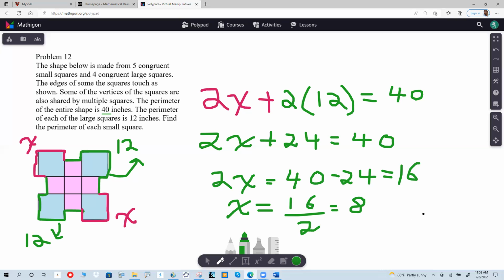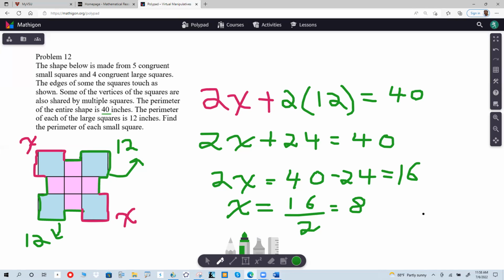So x is 8. That means, remember, x is all of the pink stuff. X is not each edge of the blue square. X is part of the blue square. So all of the pink stuff is X.